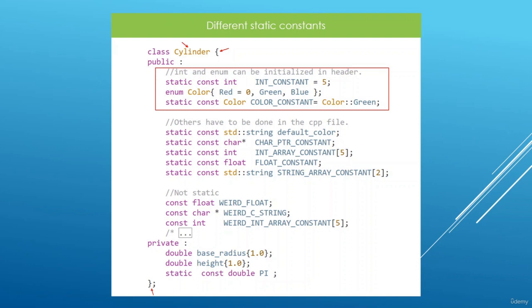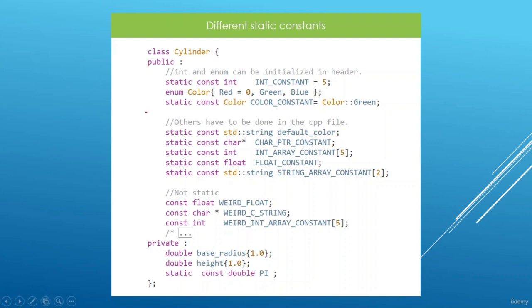And before C++17, you could only do this for integral types and enum. You see, int constant here is an int, and a color constant here is an enum. So if we initialize these guys in the class definition itself, this would work before C++17. But any other thing would give you a compiler error.